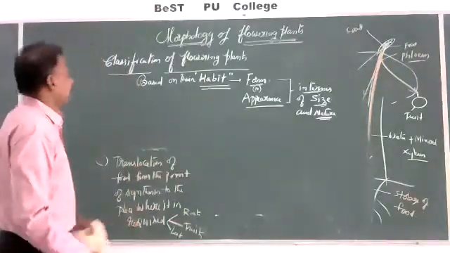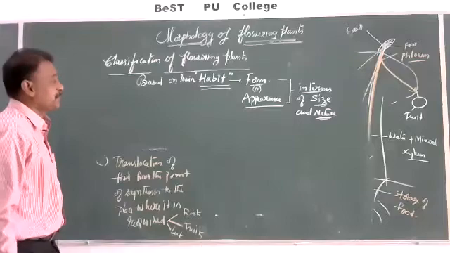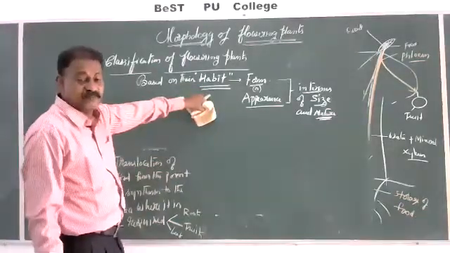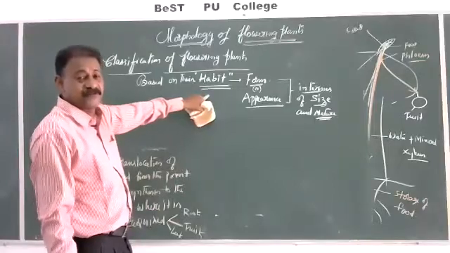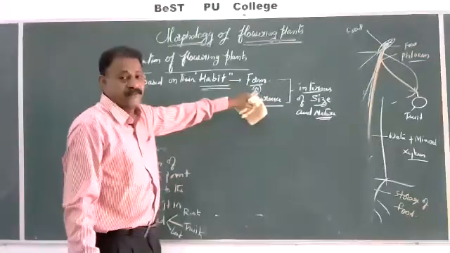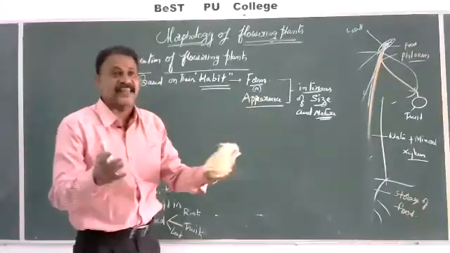Here, based on their habit. Habit is a technical term. So like this, some hundreds of terms will come, you have to practice them. Habit means form. Form means appearance, externally how a plant looks.